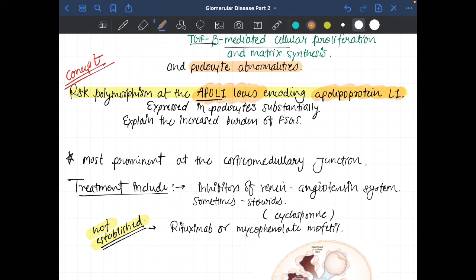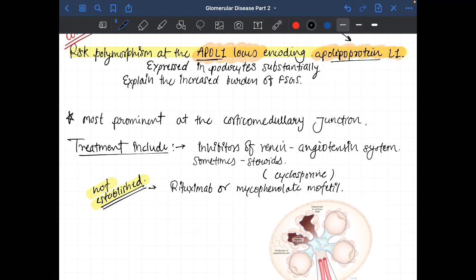So what does apolipoprotein L1 do? It is expressed in the podocyte, and if it is not expressed properly in the podocyte, there will be abnormalities in the podocyte. So this is connected with the podocyte abnormalities, and that's why there is sclerosis.